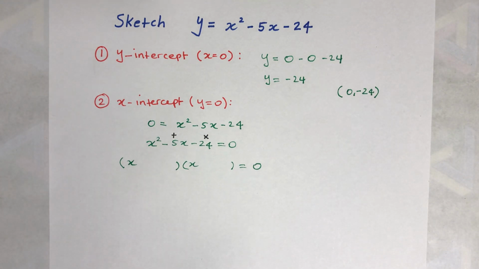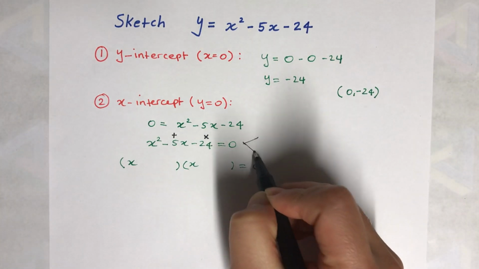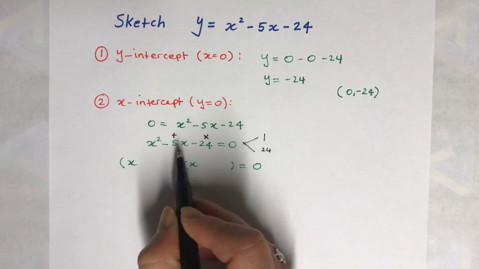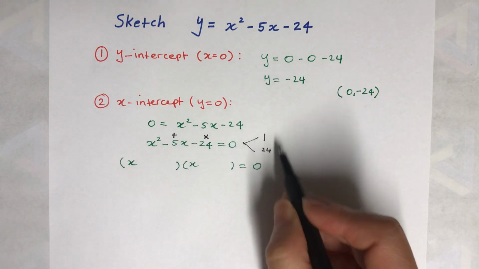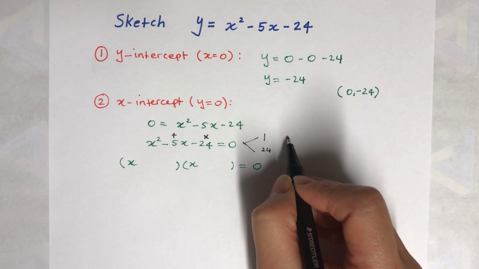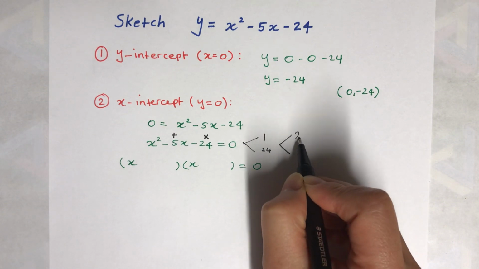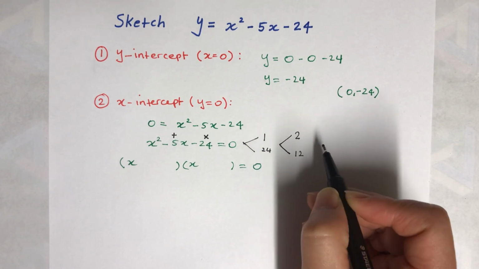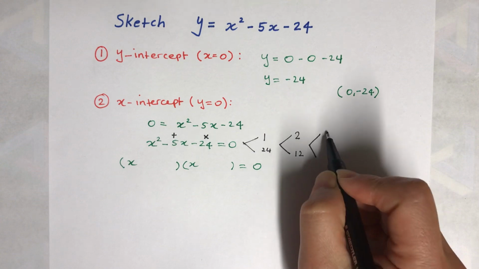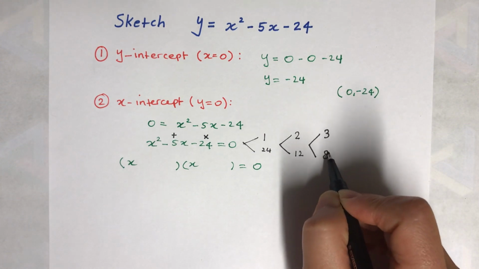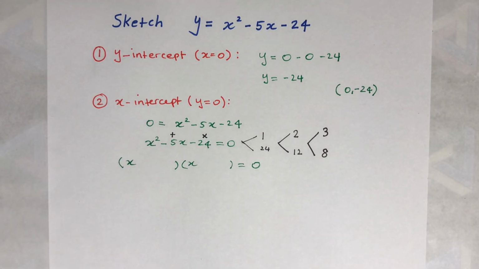So that'll be 1, I'm going to just write it here. 1 and 24, that's not going to give me 5. When I add or take away, it's not going to happen. And then 2 and 12, nah. What about 3? Aha, 3 and 8.